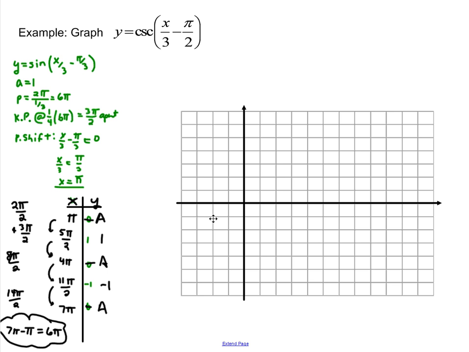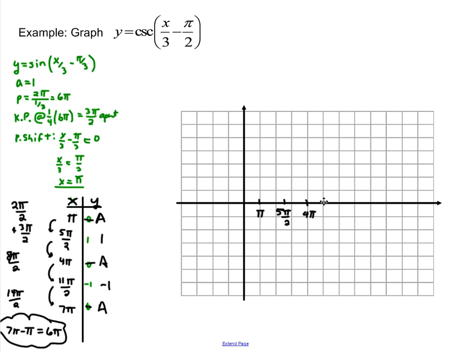We have this graph that's going to start at pi. We have an increment of 3 pi over 2. So our next key point is 1.5 of the way over right here. So this is at 5 pi over 2. Our next key point is at 4 pi.